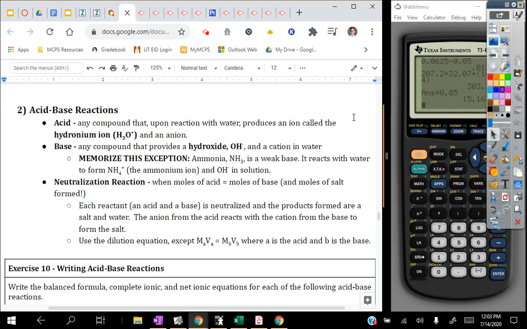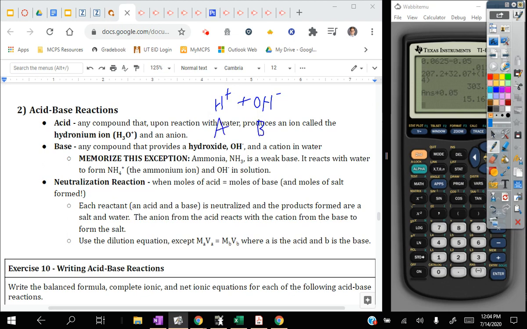A neutralization reaction is when we mix acids and bases together to neutralize each other. The moles of acid are equal to the moles of base in a neutralization reaction, and it is also equal to the moles of salt formed. So we'll discuss that process in a minute. Each reactant, one is an acid, one is a base, is neutralized, and the products formed are water because H+ and OH- come together, H+ from the acid, OH- from the base.